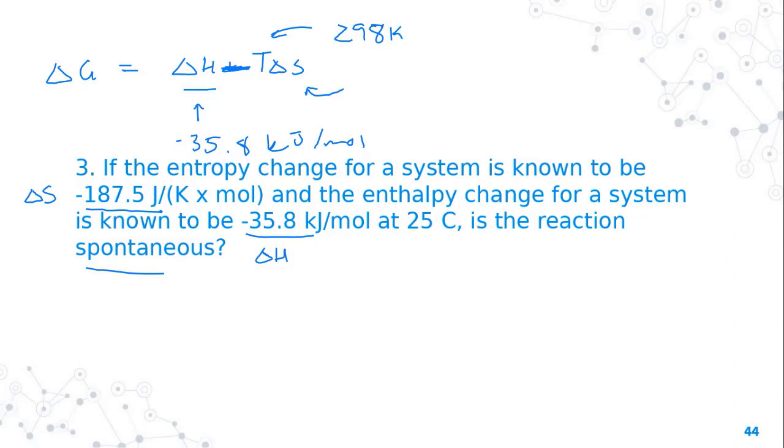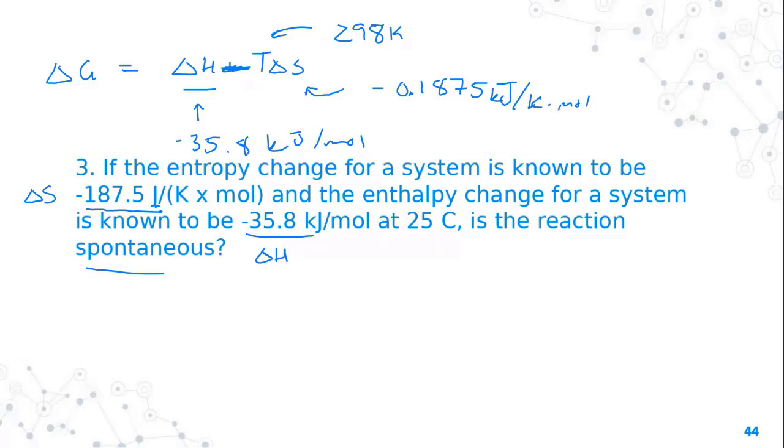And then delta S. We had it in terms of joules, but to keep everything consistent, let's convert this to kilojoules. So negative 0.1875, it's a 5, kilojoules per Kelvin mole.